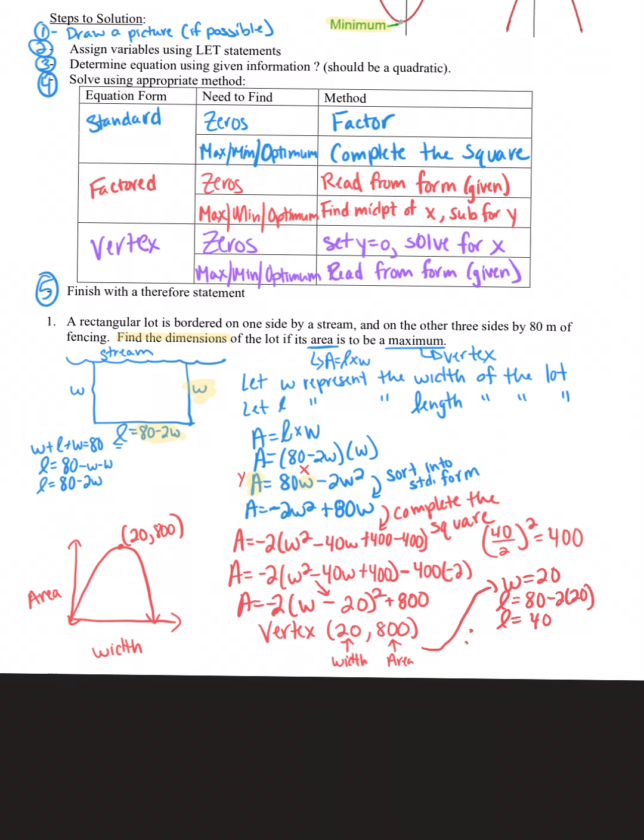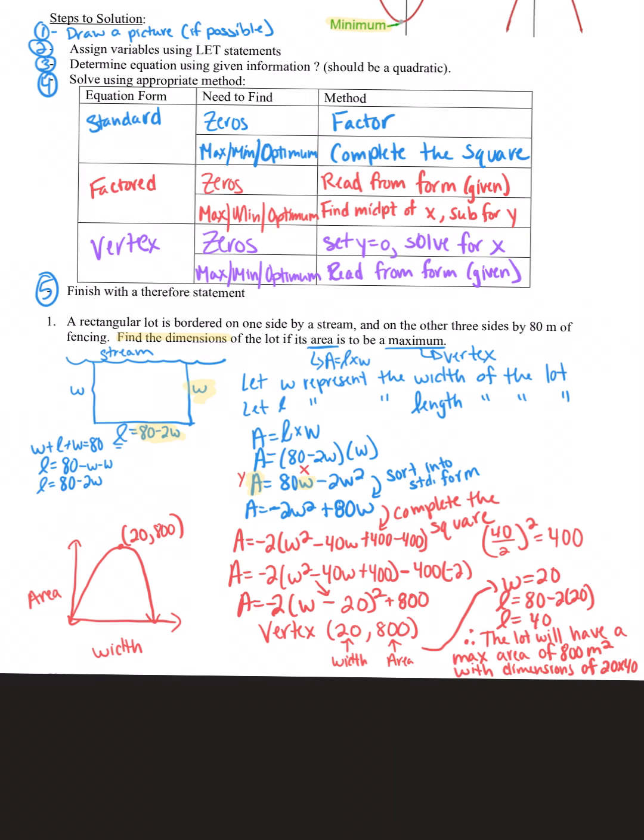So we can say, therefore, the lot will have a max area of 800 meters squared with dimensions of 20 by 40. Just squeezed them in there.